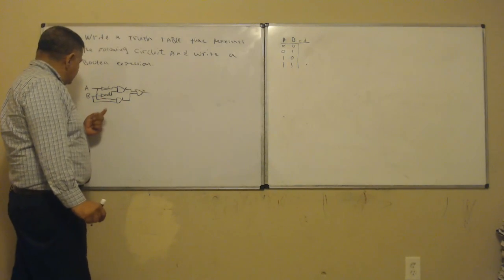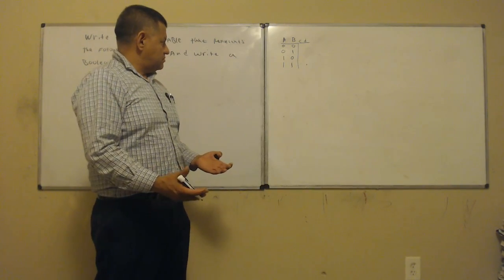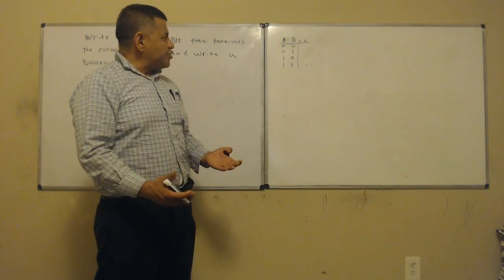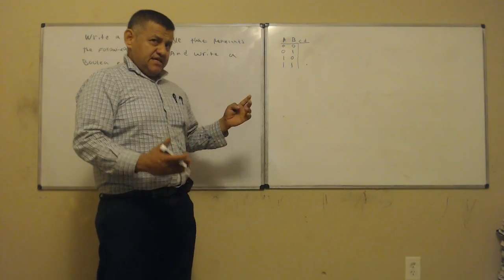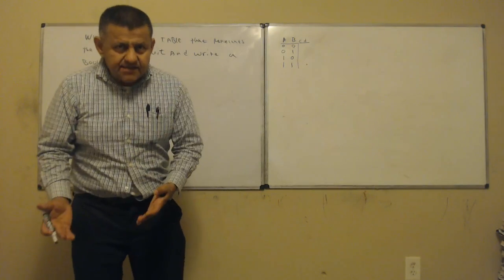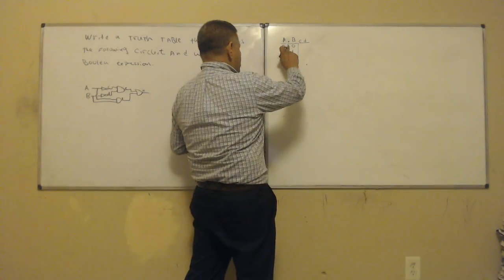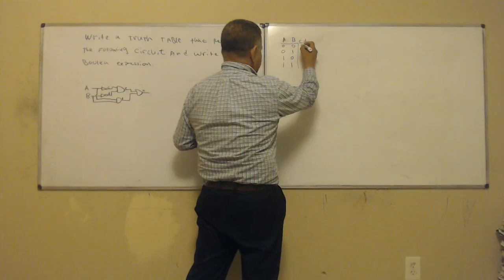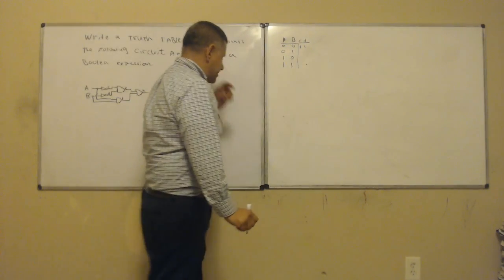Notice that I am trying to negate. I am trying to say no if it's yes, and I'm trying to say yes if it's no. I have a no, no. I say yes, yes. 1, 1.